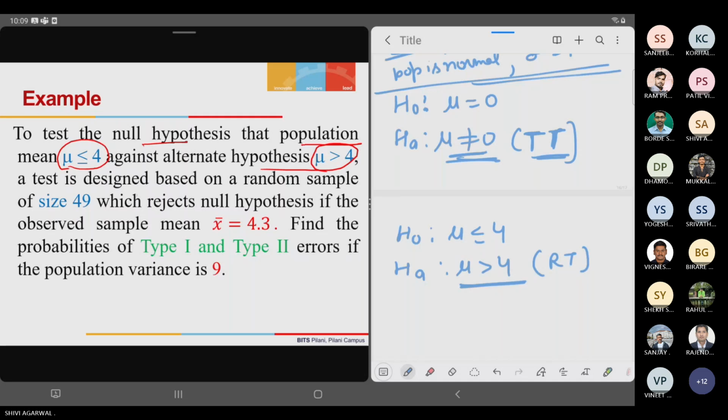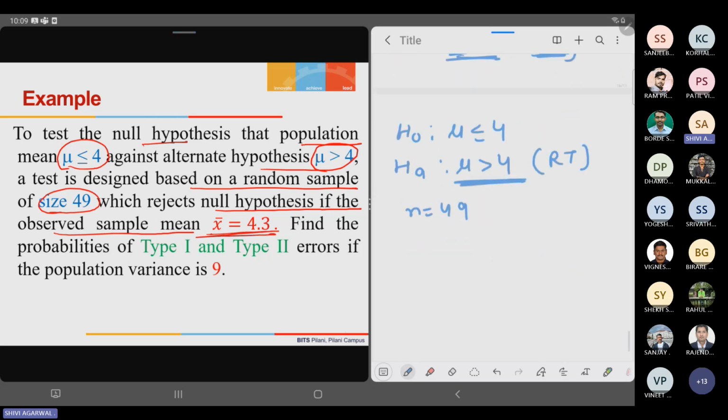It is designed based on a random sample of size 49, so n is equal to 49, which rejects the null hypothesis if the observed sample mean x bar is equal to 4.3. So x bar is 4.3 here. It is more than 4. Okay. Find the probabilities of type 1 error and type 2 error. So alpha. Alpha is the probability.